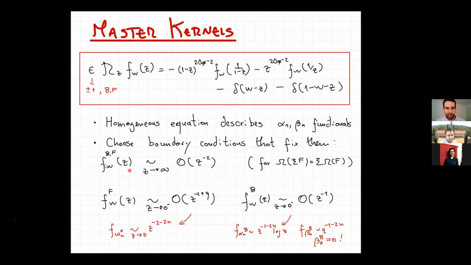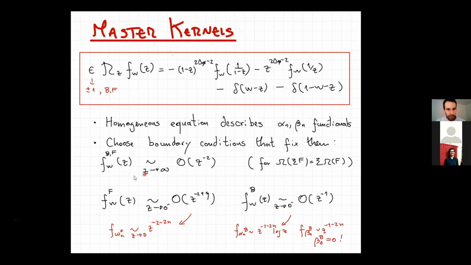So what we're going to do is impose boundary conditions that completely rule out the possibility of having one of these solutions. So for instance, for the fermionic functionals, all the kernels behave basically near z equals 0 like some power of z. So we're going to demand that for the master functional, this power is softer. So it would be impossible to include any of these guys.